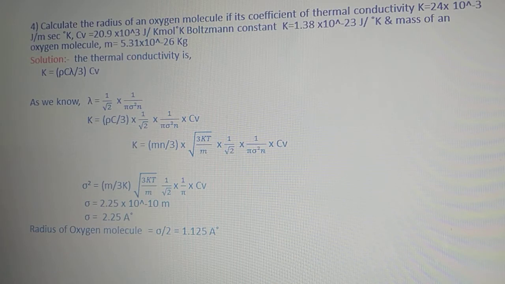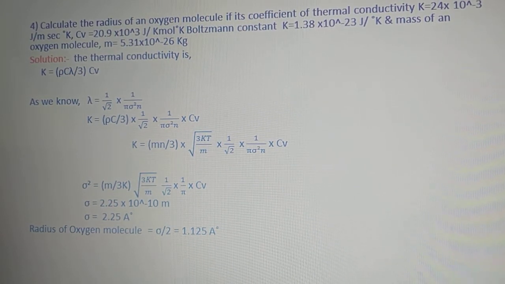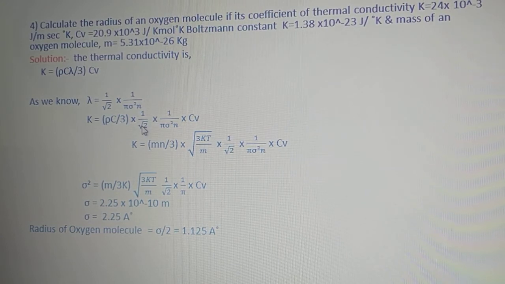And use this value into the thermal conductivity formula. So this will give us rho into C. Rho C by 3 into lambda is this much, 1 upon root 2 into 1 upon pi sigma square n into Cv, specific heat of gas at constant volume as it is.